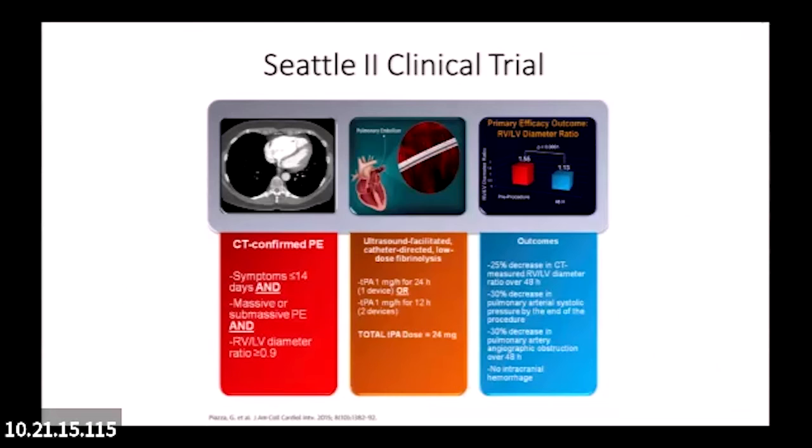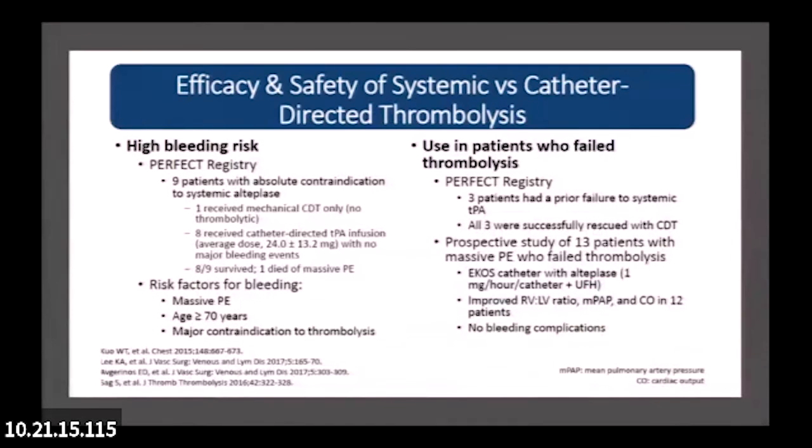What they saw is significant improvement of RV strain, significant improvement of pulmonary artery pressure, and also reduced obstruction. But none of the trials addressed the true hard outcome like mortality.